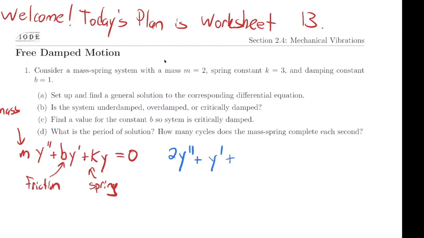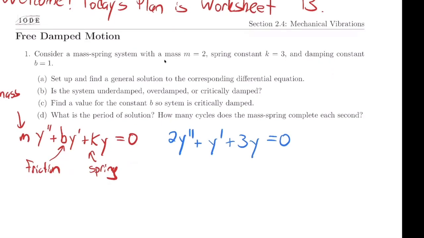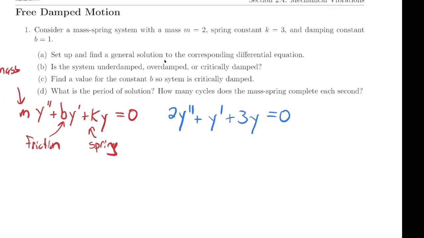And then we've got a spring constant of 3. We'll assume that we don't have any other external forces. That would be our system that would govern the motion of such a mass spring system.